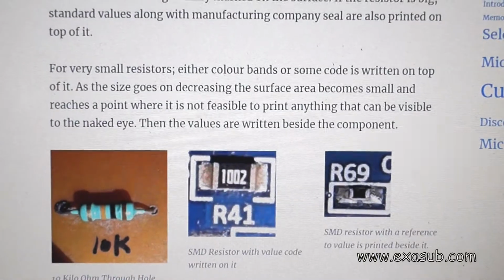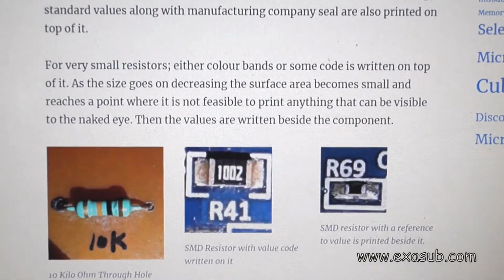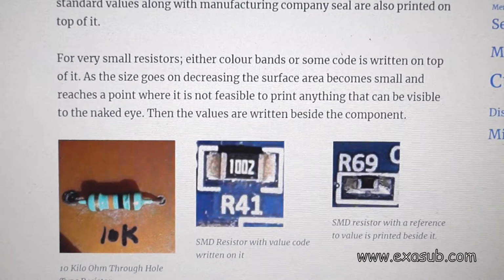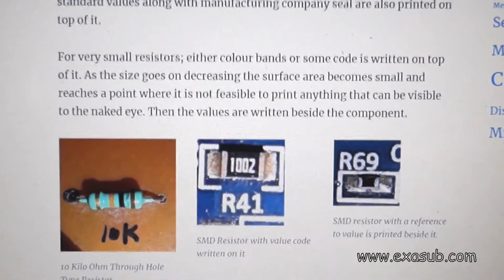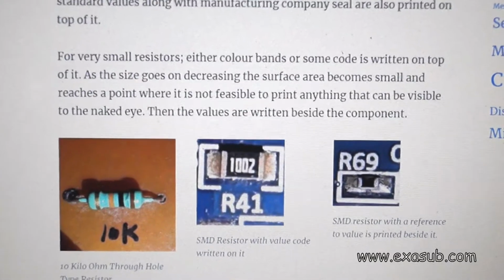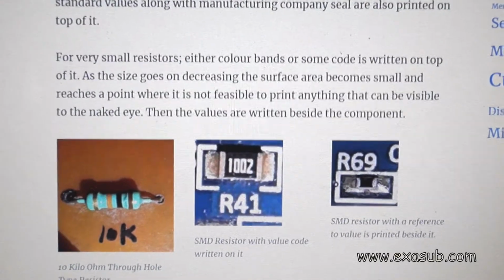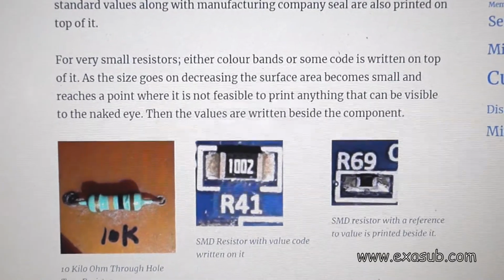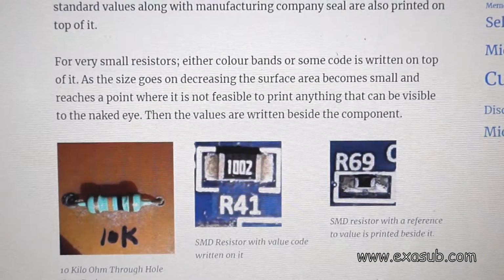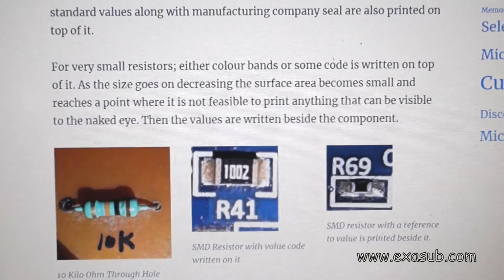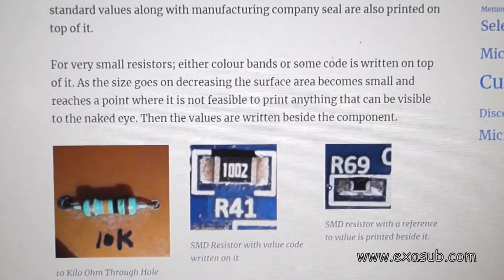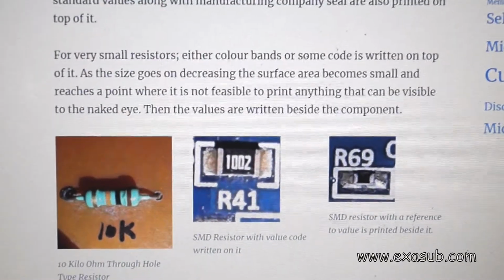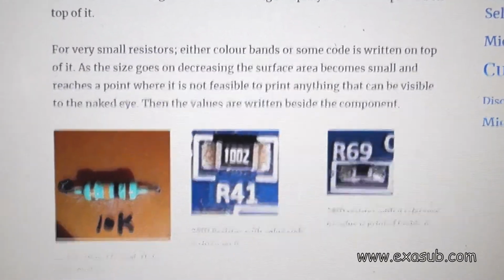For a very small resistor, either color code bands or some code is written on top of it. As the size goes on decreasing, the surface area becomes small and reaches a point where it is not feasible to print anything that can be visible to the naked eye. Then the values are written beside the component.